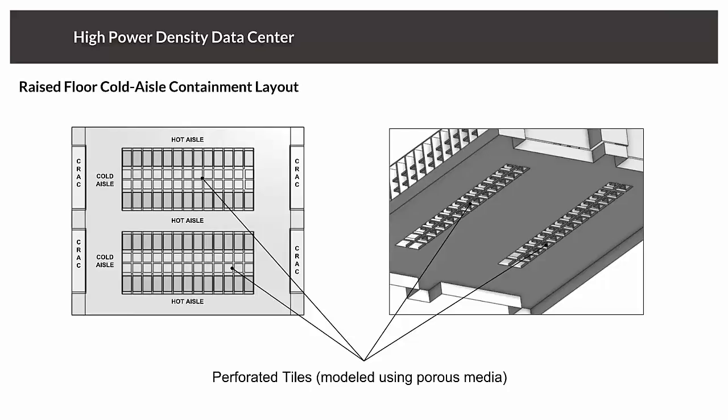In this case, we are removing the perforated tiles that are put on the raised floor and allow the C-rack to access the air from the bottom plenum to the cold aisle, and we will replace them with a virtual model that will mimic their presence in a particular way.